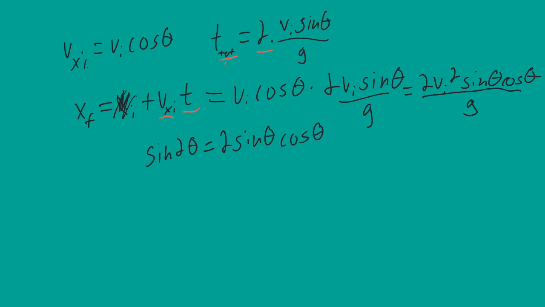Notice we have all these pieces. We have the 2, we have the sine of theta, and we have the cosine of theta, so I can substitute this in, and it's going to make it a lot cleaner for us. So plugging that in, the final range is equal to v_i squared sine of 2 theta divided by the acceleration of gravity. This is your full derivation for the range of a projectile launched and landed at the same elevation.